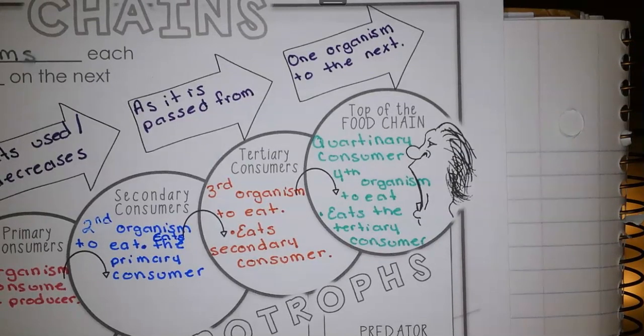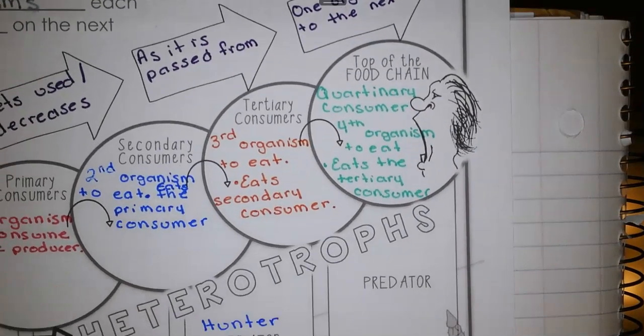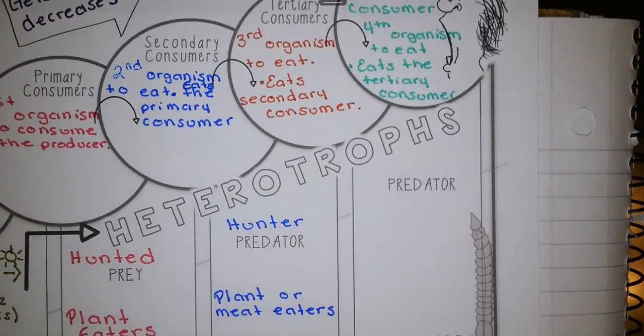Going back to our quaternary consumer, it always hunts for food energy, and that is our predator.